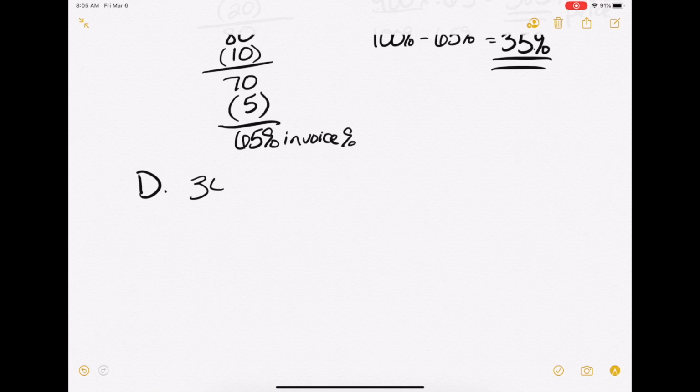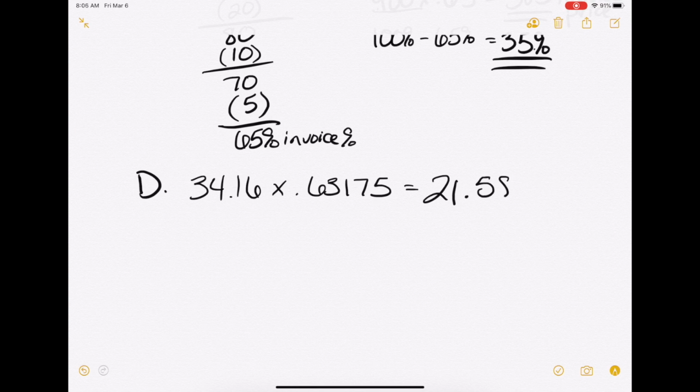So 34.16 times 0.63175 gives us the invoice price of $21.58. So that's our invoice amount.